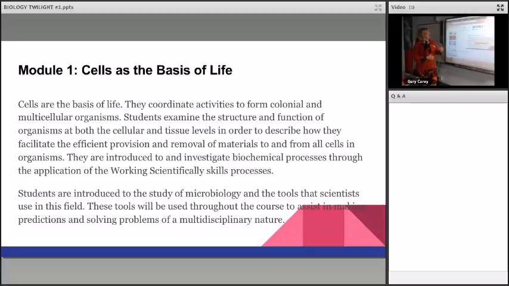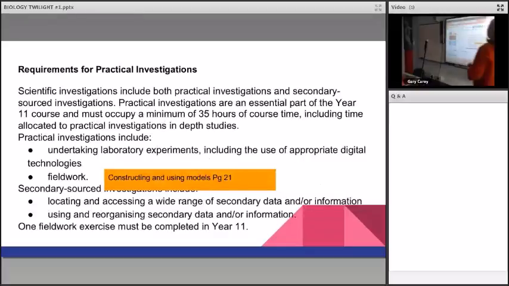All right, so requirements for our pracs in our bio syllabus says 35 hours of course time, which is fine. We're used to that. What is different is the definition of prac. In our last syllabus, we had a whole page of practical activities, graphing and drawing tables and analysing images.